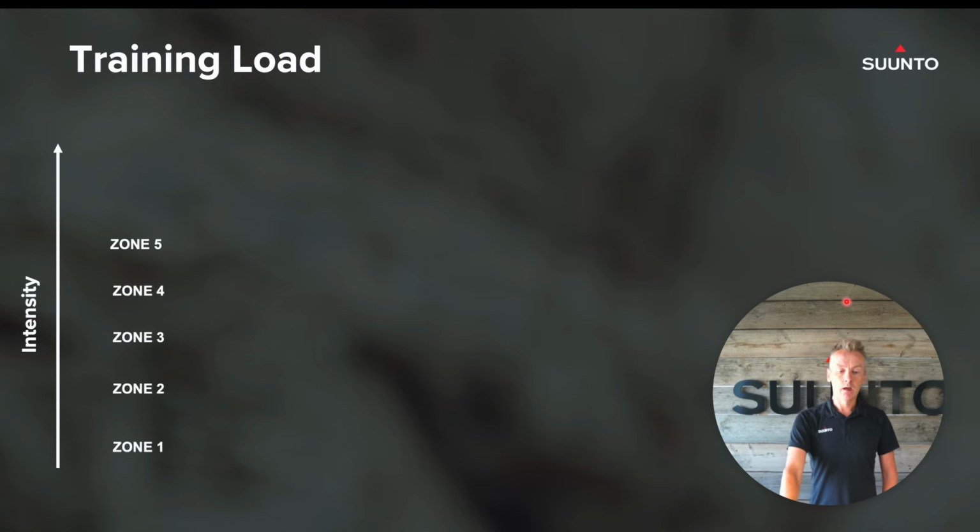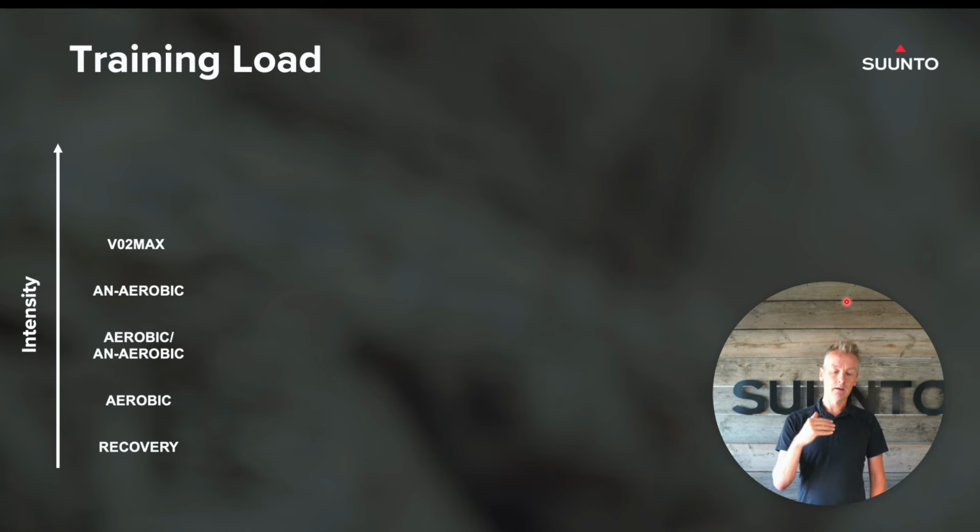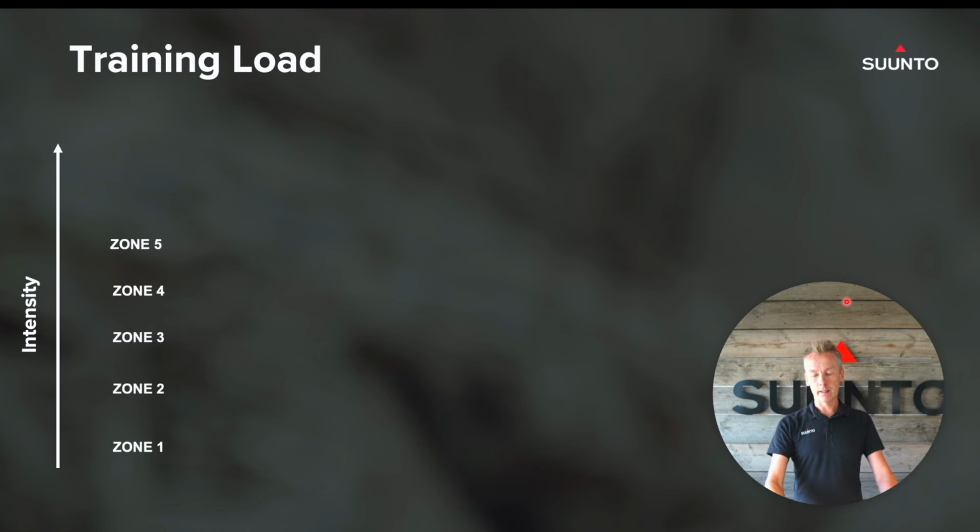Now on the intensity, when we talk about training load calculation, Suunto maps the intensities in 5 different zones. So basically the recovery, aerobic, anaerobic, VO2 max, and these 5 zones we then look at the zone 4 to 5 limit as being the so-called anaerobic threshold.